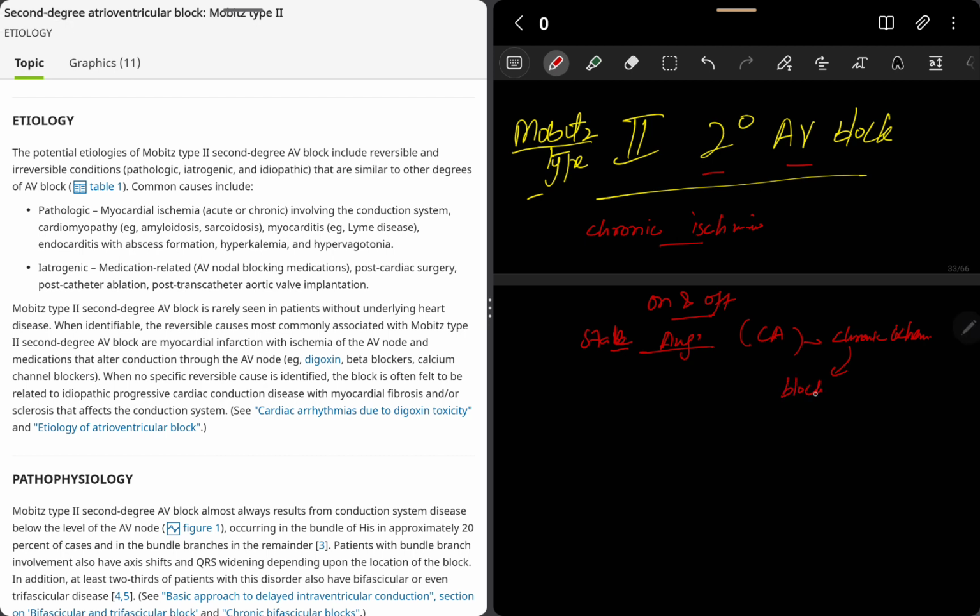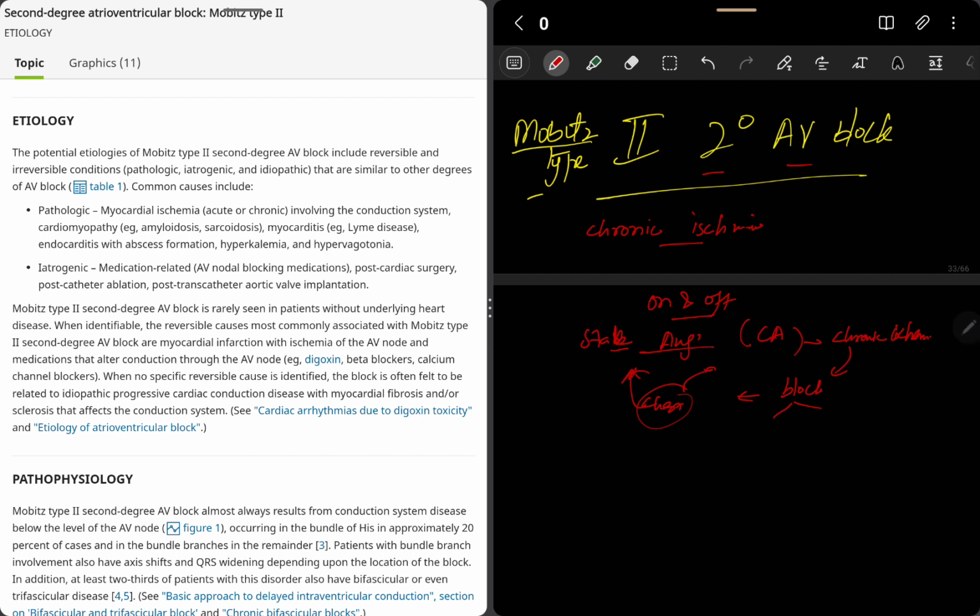When they develop block, either they develop Mobitz type 1, for example, or type 2, that can in turn lead to chest pain. So, in both the scenarios, chest pain is the manifestation. Also, lightheadedness, syncope, hypotension, altered mental status or cognitive decline can be the manifestation.